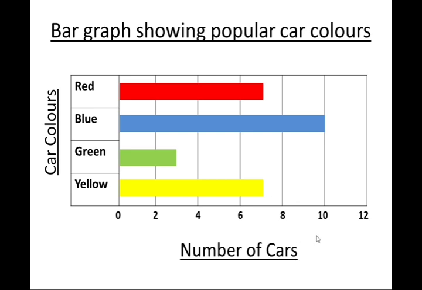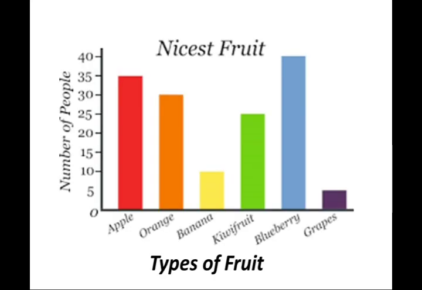Okay, so these are the different ways in which we could draw a bar graph using the same information. Now here are just some of the different types of graphs that you can get. Here, now remember boys and girls, I told you your title and your labels vary according to your topics.